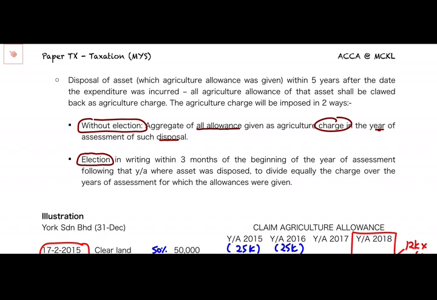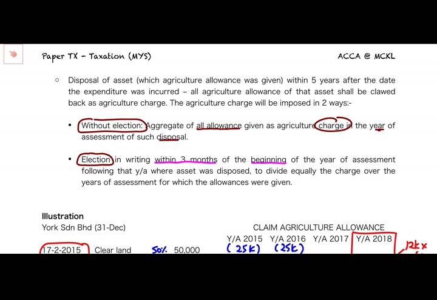Now, if you don't want that, then you can tell the government that you want to spread back. What you have to do is write within 3 months from the beginning of the year of assessment that the asset was disposed.